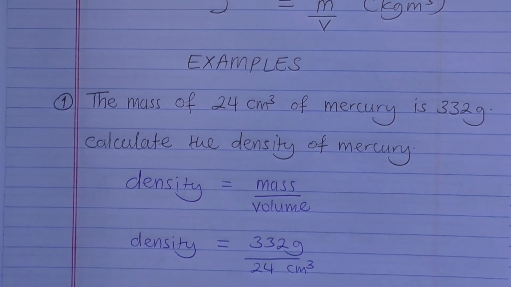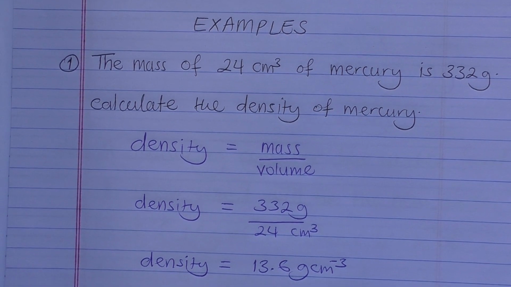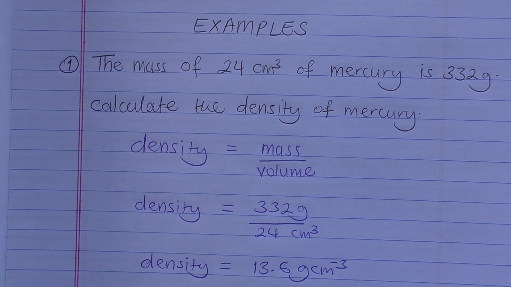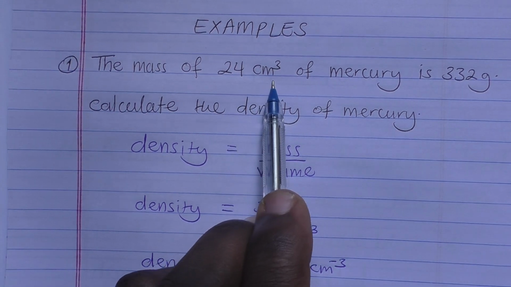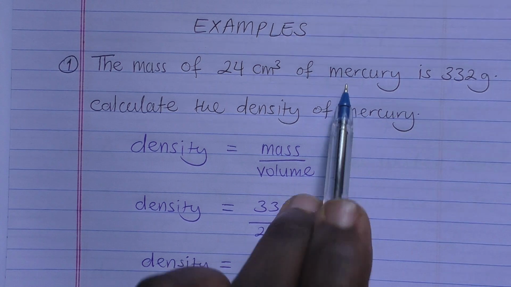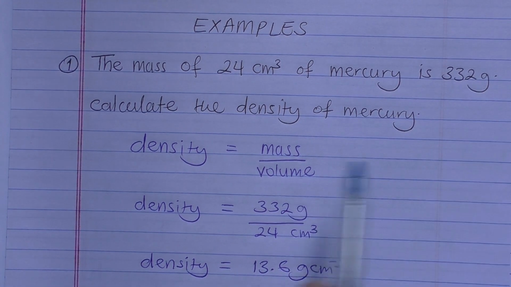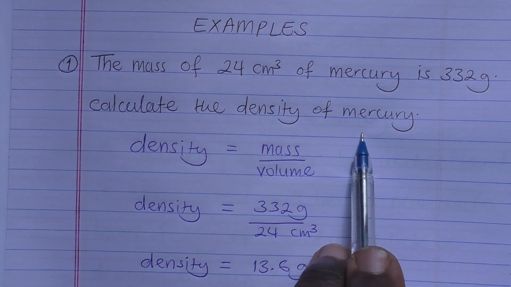Let us look at some of the calculations on density. Number one gives us the mass of 24 cubic centimeters of mercury as 332 grams, and they want us to get the density of mercury.